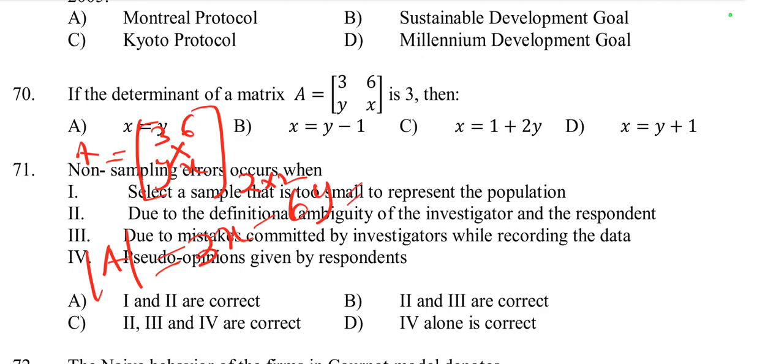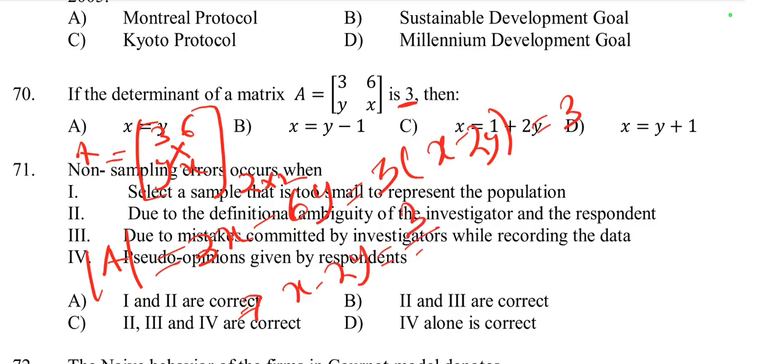If we take 3 as common, then x minus 2y. So 3 into (x minus 2y) is equal to 3, because the determinant value is 3. This implies x minus 2y is equal to 3 by 3, which is 1.